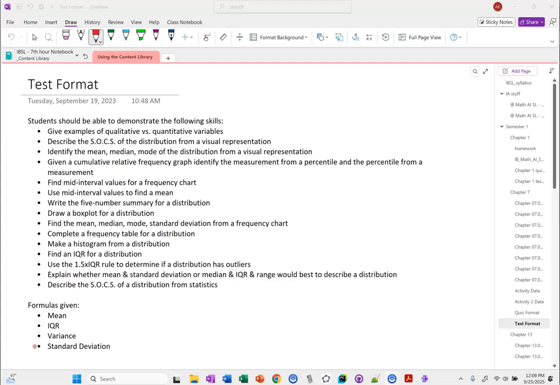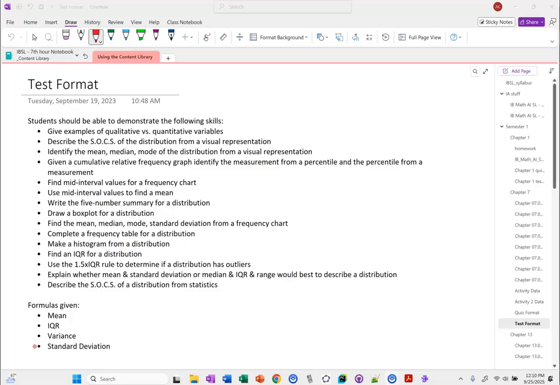Explain whether mean and standard deviation or median and IQR or range would be the best to describe a distribution. How do you know? The shape or the presence of outliers, right?